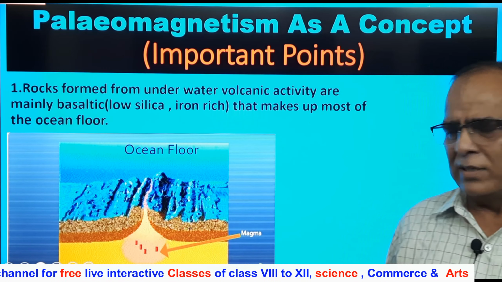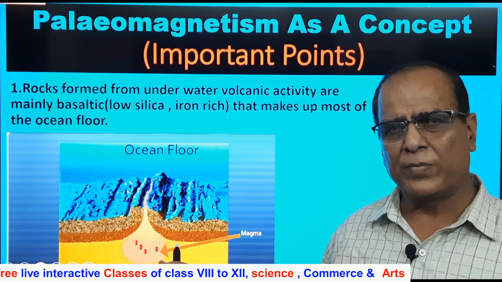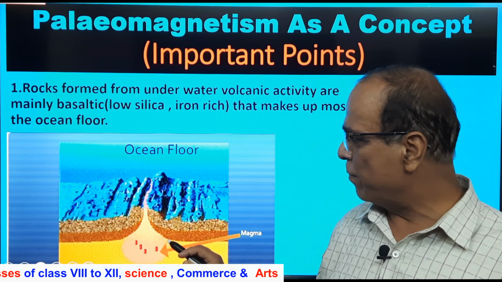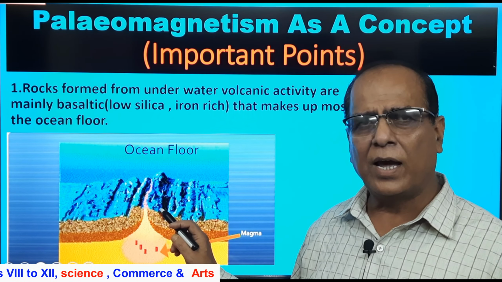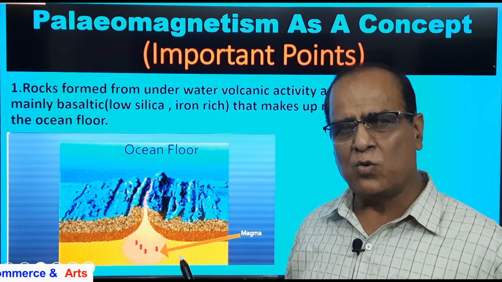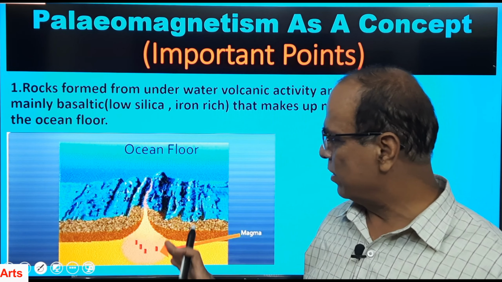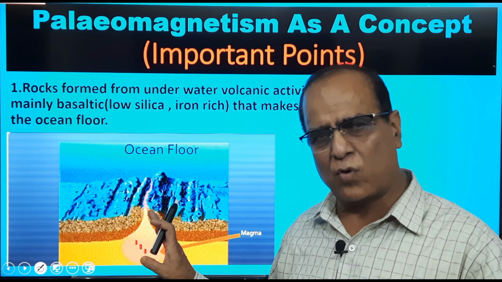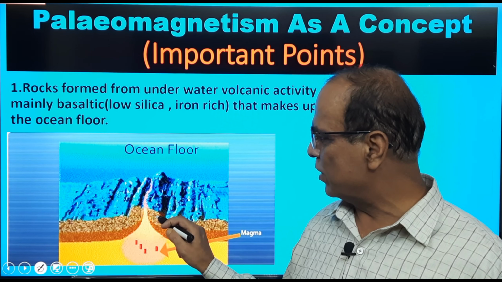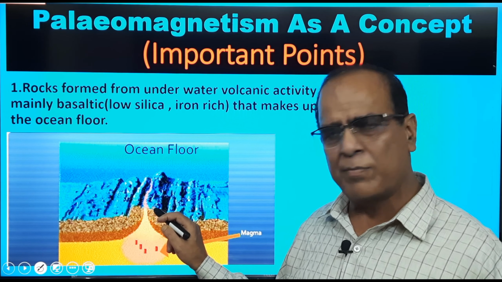As you can see, this is the storehouse of magma, from where magmas are rising and thereafter creating a fissure, and then somehow make their way out and get deposited at the floor of the ocean. Here you can see the liquid, semi-liquid state of that magma.